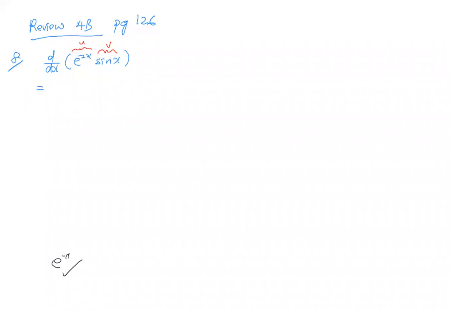Okay. When you differentiate this, V, what is your U prime? Copy down the whole thing, then times by negative 2, correct? Plus U V prime. You differentiate sin, you get cos.